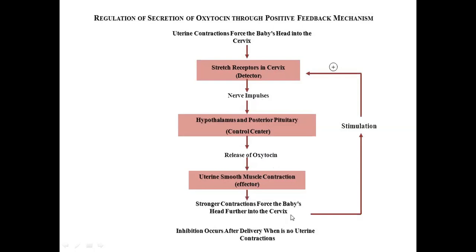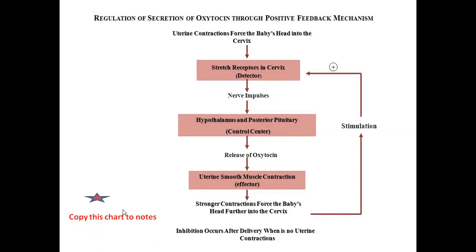This event further stimulates the stretch receptors to supply the neuronal impulse to the hypothalamus and pituitary, and there is a release of oxytocin. This is called reinforcement of the same sequence of events, bringing about amplification in the feedback end result. This stops only when there is child delivery. The uterine contractions stop, and as a result oxytocin production also stops. So it is one of the examples of a positive feedback mechanism.